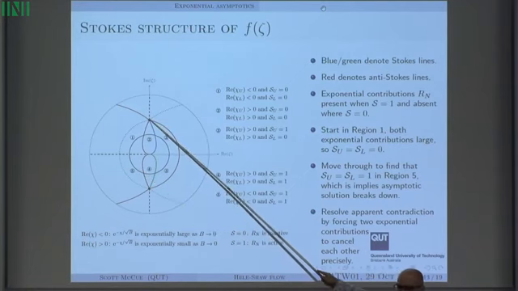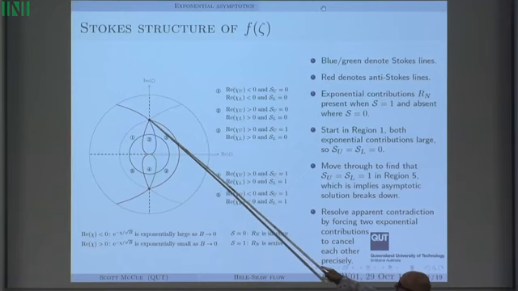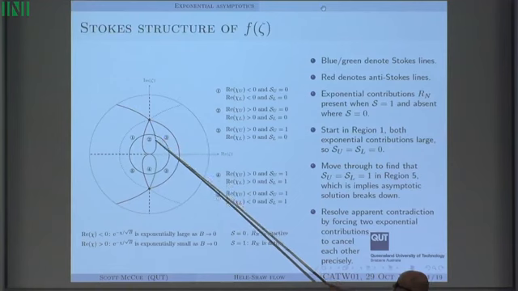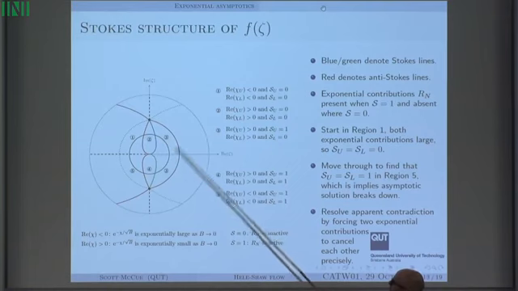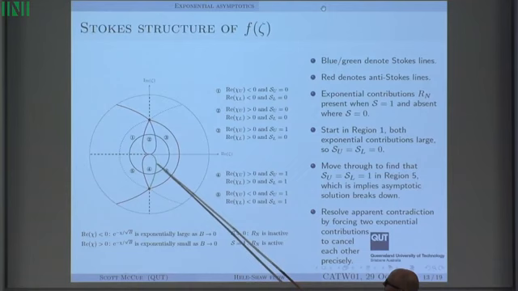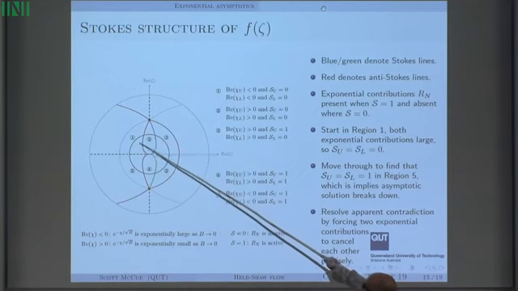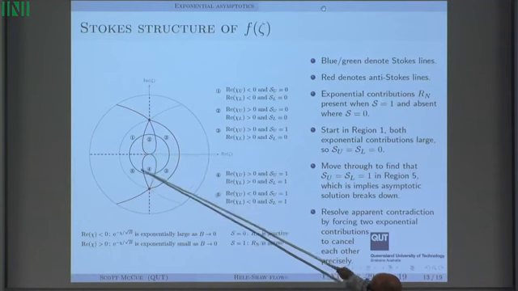It starts at that singularity. If you remember, I said that these Stokes lines start at singularities. It starts at the singularity above here and whips down here, and in particular intersects the unit circle at some point. There's another Stokes line in green, and it intersects the unit circle at another point. These red ones are called anti-Stokes lines. I'll just mention these in a moment.